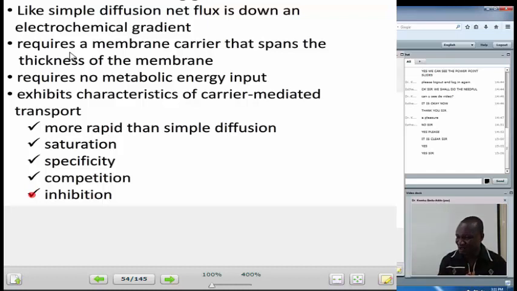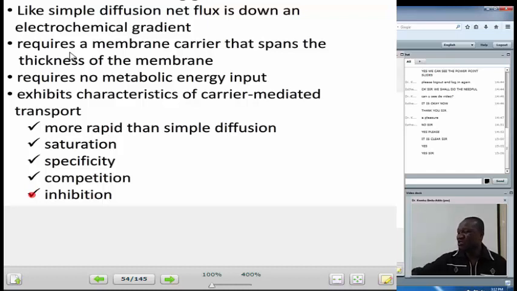Then finally, the carrier-mediated transport also exhibits inhibition. There are times that the presence of a chemical or a particle, which is very different from the particle that is carried by the carrier, would inhibit the activity of the carrier. So we have, let's say, the carrier is supposed to move particle A, and another particle which is not similarly structured as A is present.